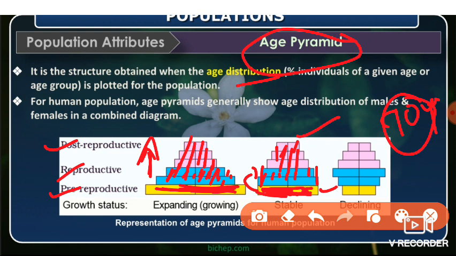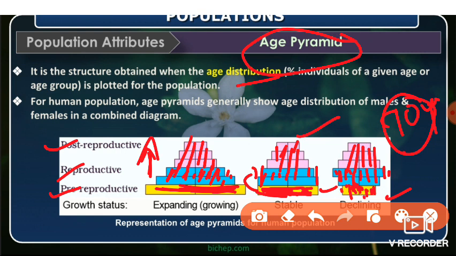This is stable. And moving to the next one, that is declining. Here the reproductive individuals are more in number, and the aged ones are fewer in number as compared to reproductive. The pre-reproductive individuals are fewer in number.